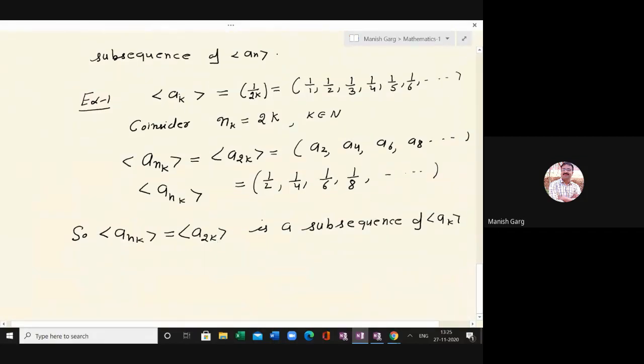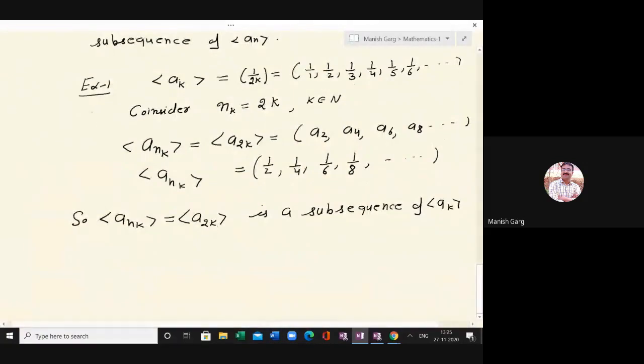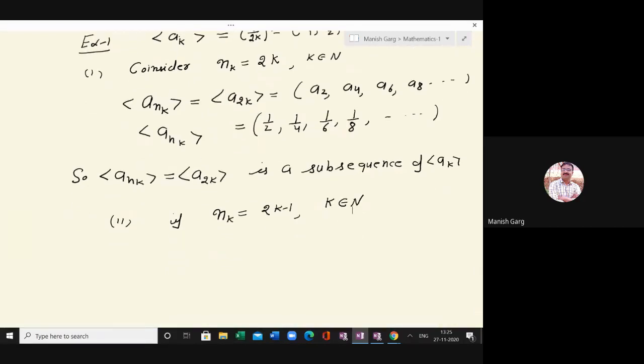Now I am giving one more. If you consider n_k equal to twice k minus 1, where k is an element of N, what will be a_(n_k)? It is a_(2k minus 1).